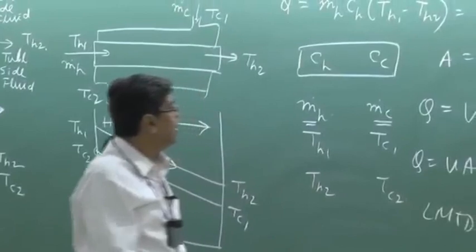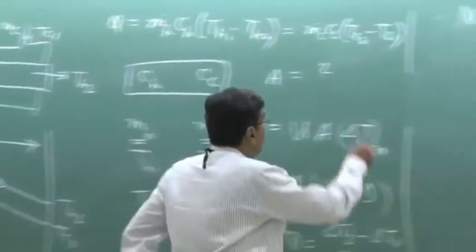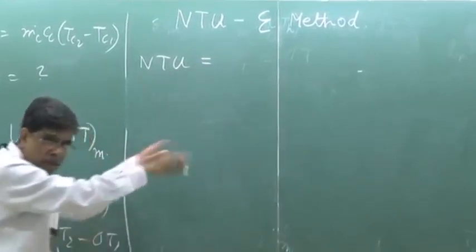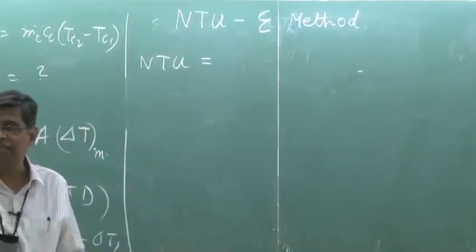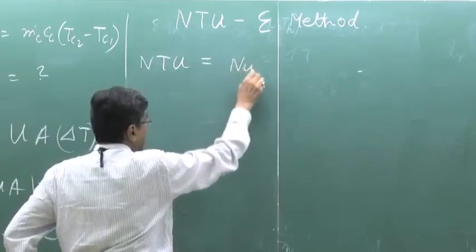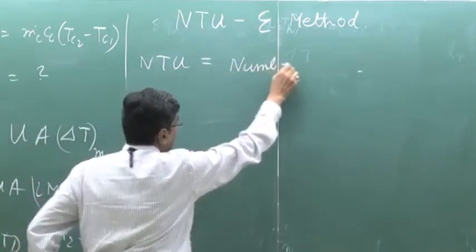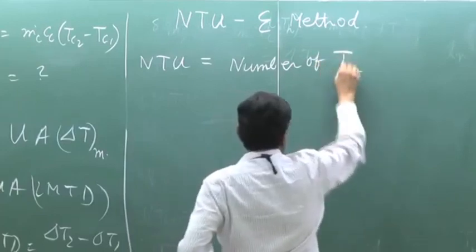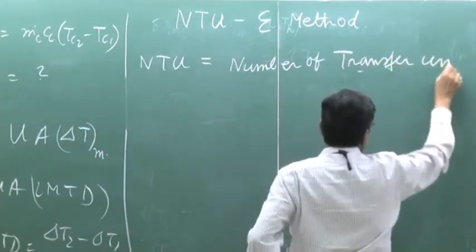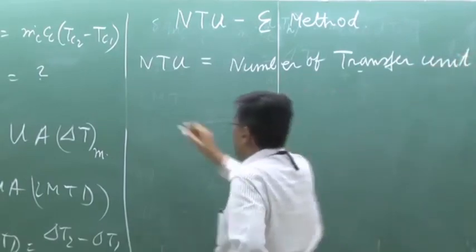Now the NTU-epsilon method. Now what is NTU? NTU, I will tell you afterwards when it comes in the course of deduction. But now you know the meaning of NTU, it is an abbreviation, number of transfer units.